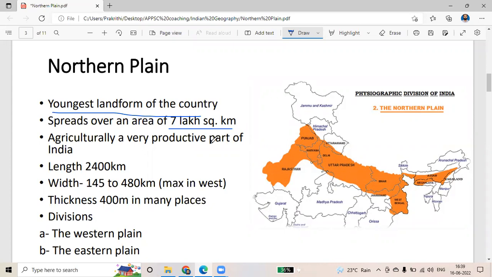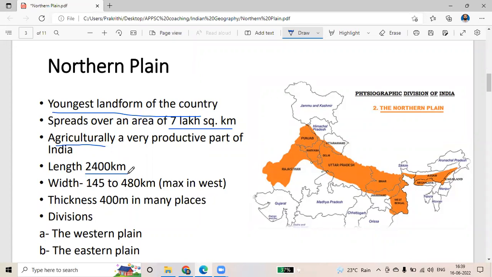As I said, this area is agriculturally very productive. It has a length of 2,400 kilometers. When we studied the Himalaya, I said it is 2,500; for the northern plain it is 100 kilometers less, that is 2,400 kilometers.